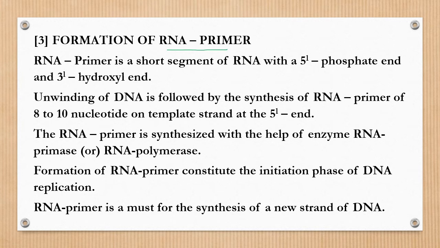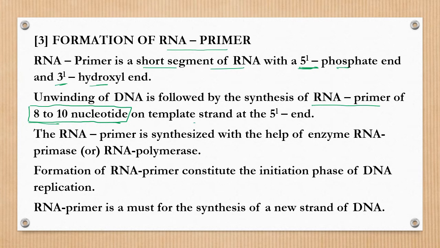Already we mentioned RNA primer is a short segment of RNA with a 5' phosphate at the 5' end and a hydroxyl group at the 3' end. Unwinding of DNA is followed by synthesis of RNA primer of 8 to 10 nucleotides. Remember, how many nucleotides are present in a single RNA primer? That is 8 to 10 nucleotides.